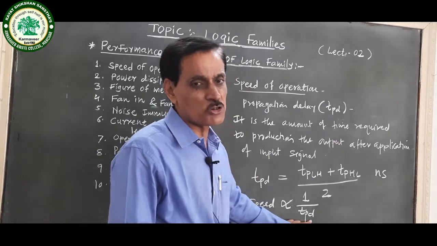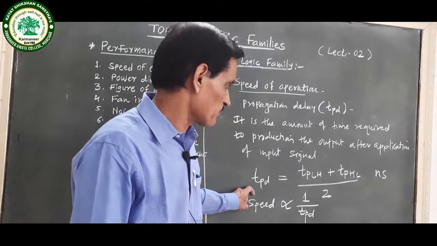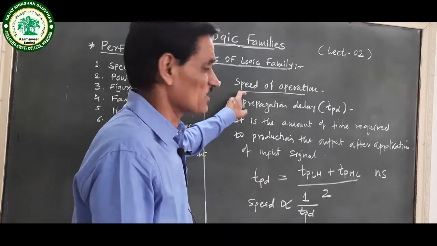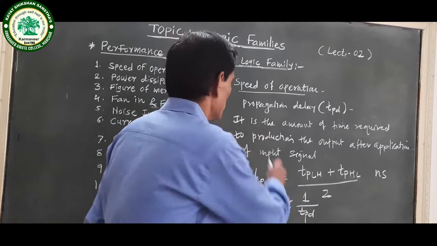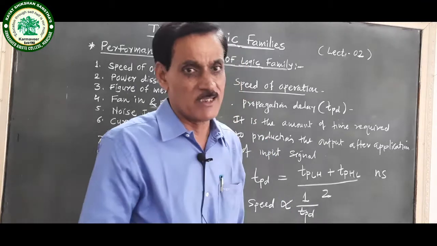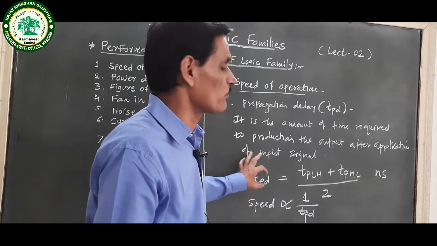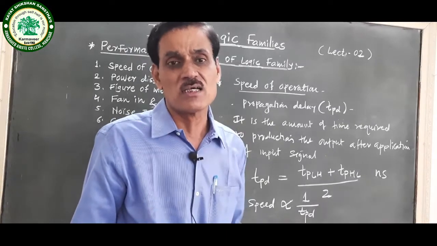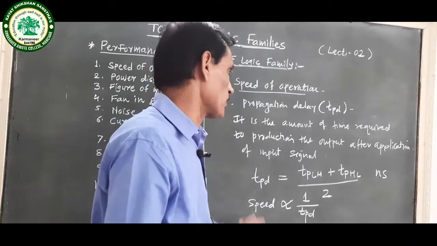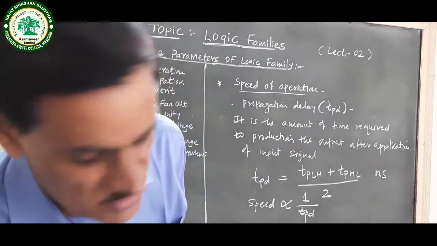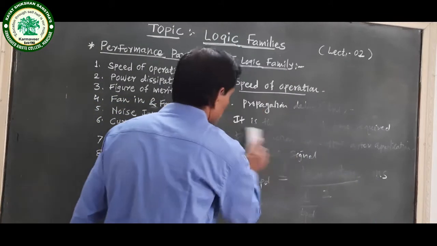For smaller values of propagation delay, you are getting the greater speed, and therefore speed of any digital IC or gate or family mainly depends upon the value of propagation delay. Lastly, you remember propagation delay always puts the limit on switching speed or the frequency of operation. This statement is very useful. Here I will write in brief only.